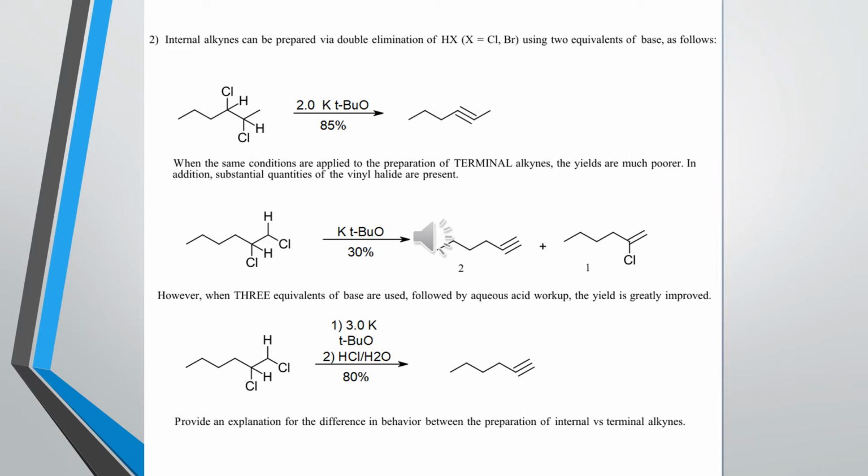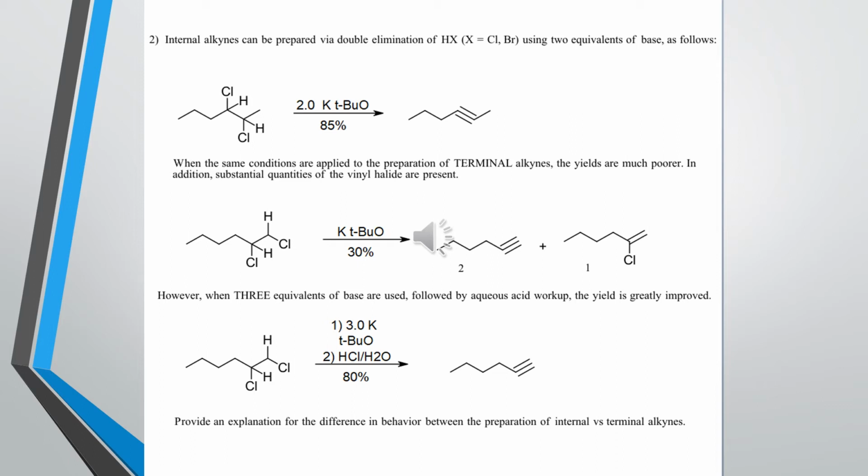We take that dichloride, we react it with 2 equivalents of potassium tertiary butoxide, which is the conjugate base of t-butyl alcohol, a fairly strong base, and we get a good yield of, in this case, the internal alkyne from removal of 2 equivalents of HCl.